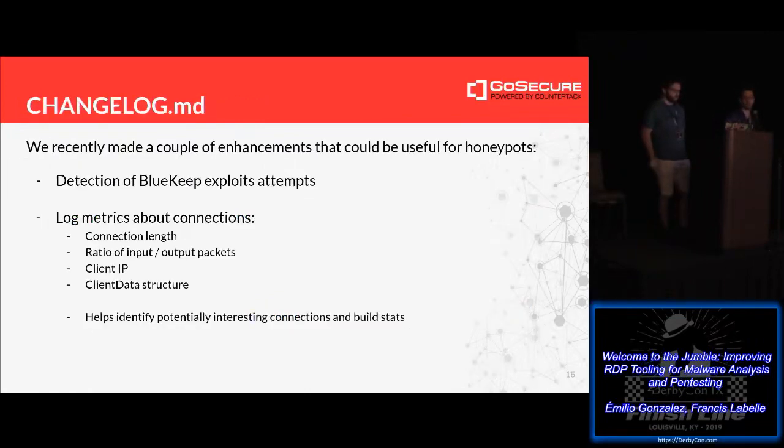And recently, of course, with Bluekeep, we added log statements to build stats around Bluekeep exploit attempts. It's a pretty simple thing. Whenever the Bluekeep channel gets opened, we log it, and we can build stats around it. Of course, lately we've seen mostly Bluekeep exploit attempts, or at least scans on the internet.